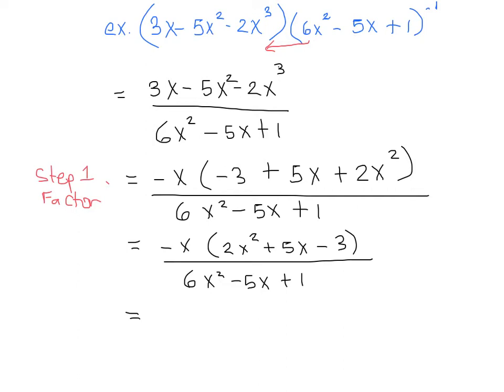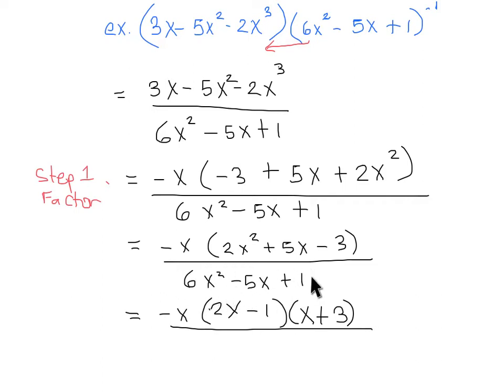All right, so on the top we have negative x, and when we factor this expression, we get 2x minus 1 times x plus 3. And at the bottom, we're dividing by, and now we have to factor this expression.